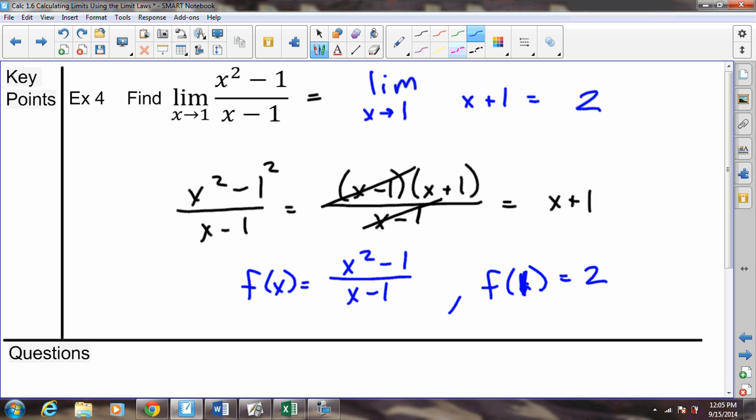That is not true. f of 1 is undefined. The function, when we tried plugging in 1, didn't make sense. That was our 0 over 0 case. This does not say f of 1 equals 2. It says the limit approaches 2. Those are two very different things, but students will sometimes make this mistake. You should avoid it.